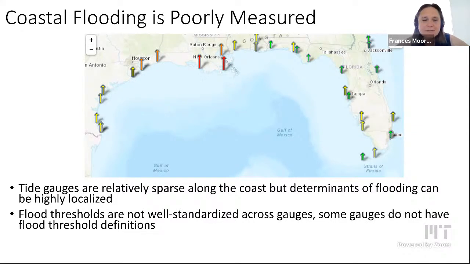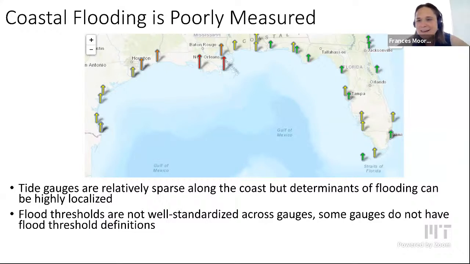In addition, once you start digging into this tide gauge data, what you quickly realize is that the flood thresholds, right? You don't just want to know the tide height, you actually want to know, was this a flood or not? And so there are flood thresholds, but they are not well standardized across gauges. They are set in a somewhat idiosyncratic manner by regional managers.